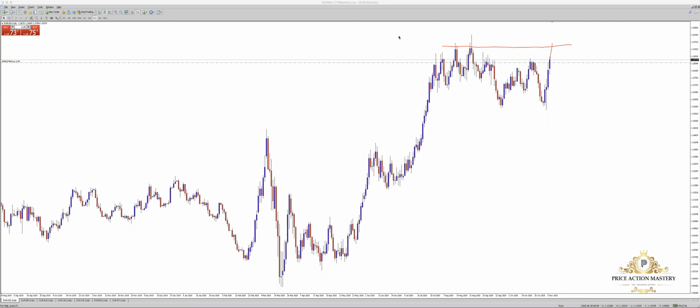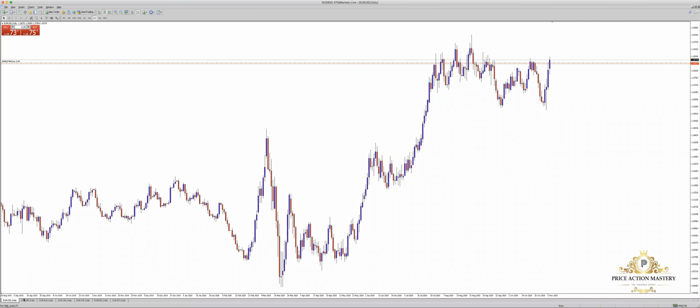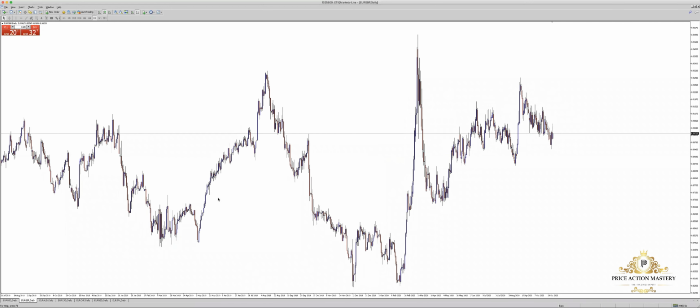For me, I'm going to look at this key line, where, as you can see, I bought earlier. I'm going to wait for another test and look for a buy opportunity. The next is EUR/GBP.